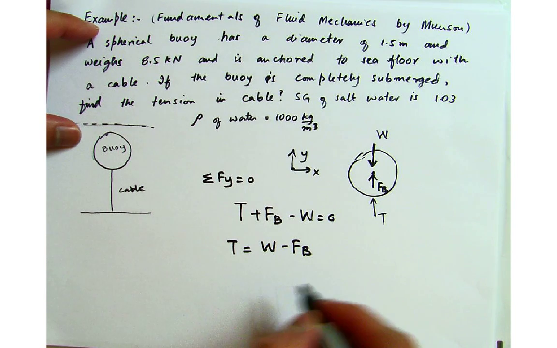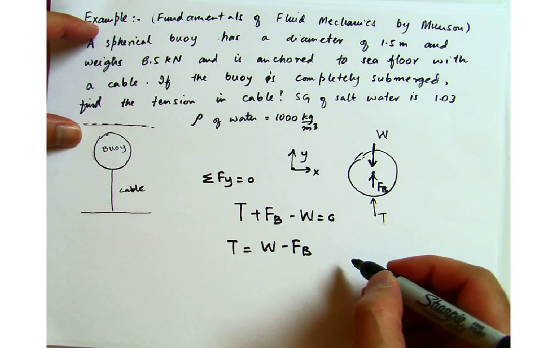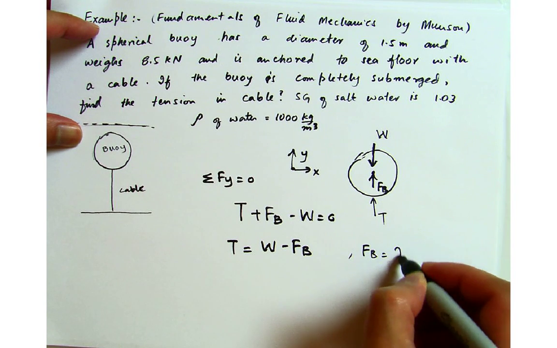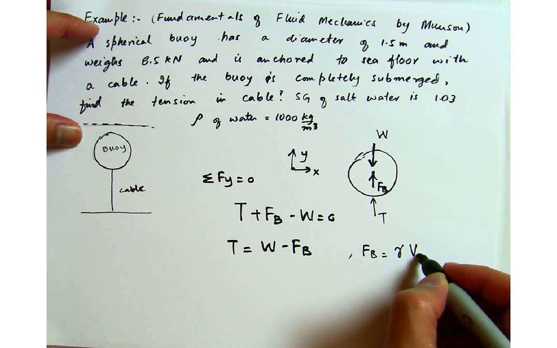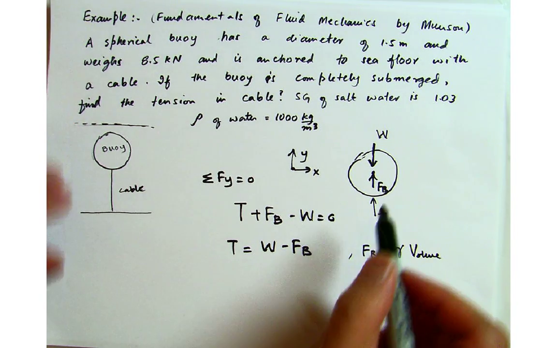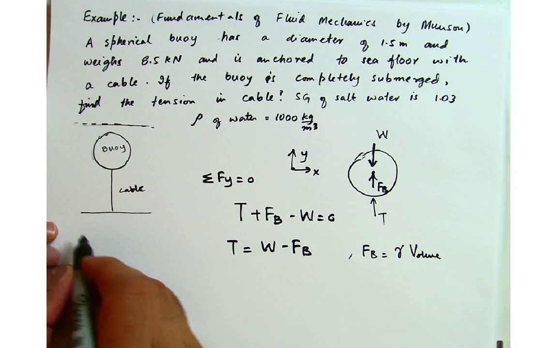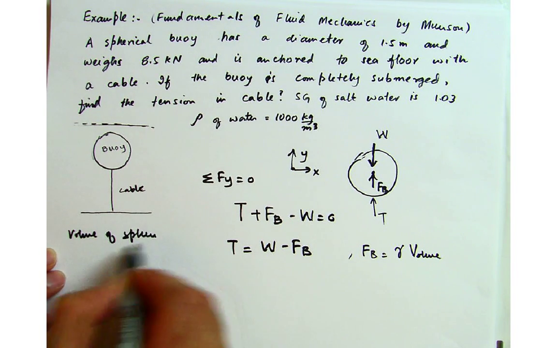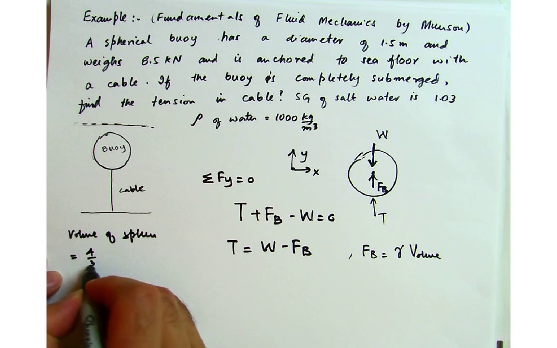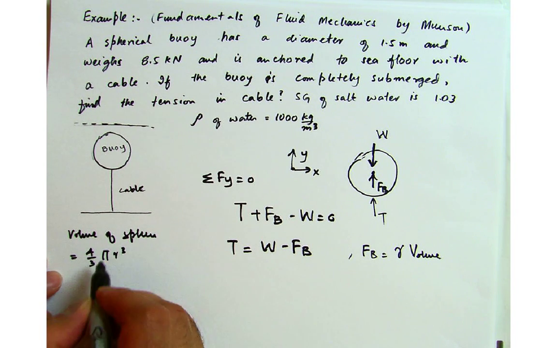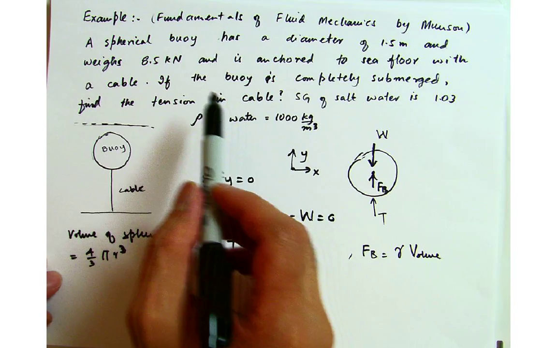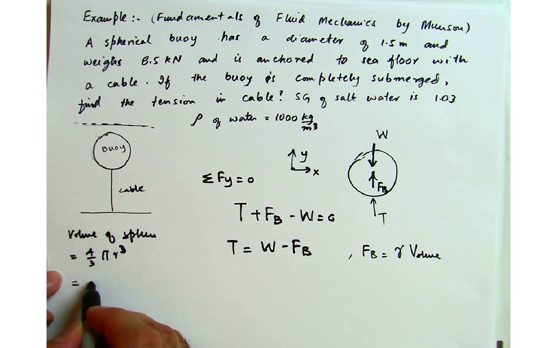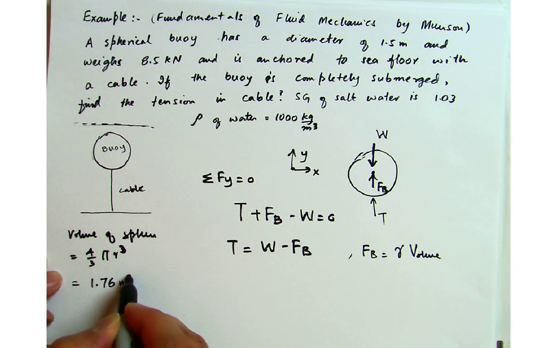To get the buoyant force, which is equal to gamma times the volume that it's going to displace. This is a sphere, so I know the volume of a sphere, in this case 4/3 pi r cubed, and we are given the diameter, so I can convert this into radius, and it gives me 1.76 cubic meters.